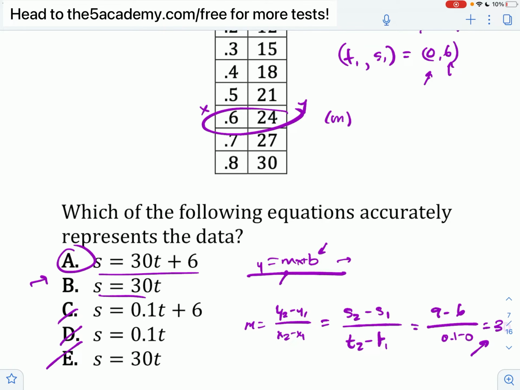So that would look like 24 equals y, and that is all equal to 30 times 0.6 plus b. 30 times 0.6 is equal to 18, so 24 equals 18 plus b, it does equal 18 plus 6, that means b is equal to 6, all right?